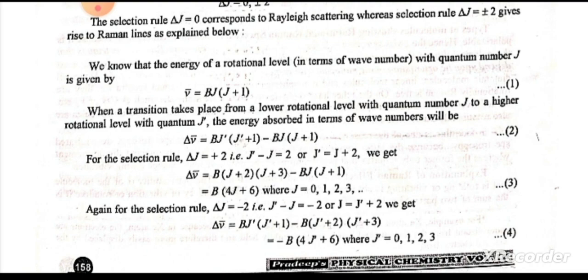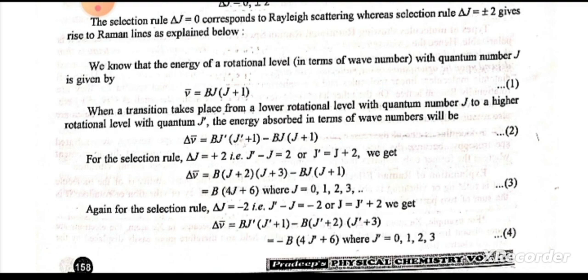For the selection rule delta J is equal to plus 2, that is, J dash minus J is equal to 2 or J dash is equal to J plus 2, we get delta v bar is equal to B into (J plus 2)(J plus 3) minus BJ into (J plus 1), which is B into (4J plus 6), where J is equal to 0, 1, 2, 3.